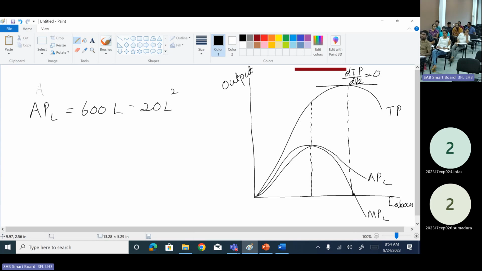We take the average productivity to maximize, and given the average productivity function, if you take the stage 2 area that we highlighted.